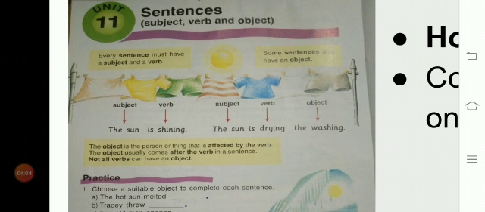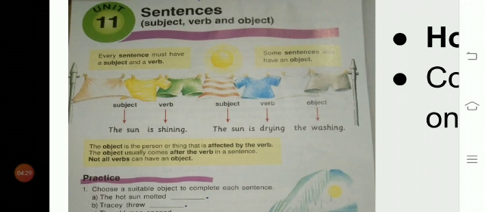The doing word, the action word here is drying. And washing is the object because washing is affected by the verb here. The action has been done on washing. So washing is the object. I hope you have understood from the examples what is the subject, verb, and object in a sentence.